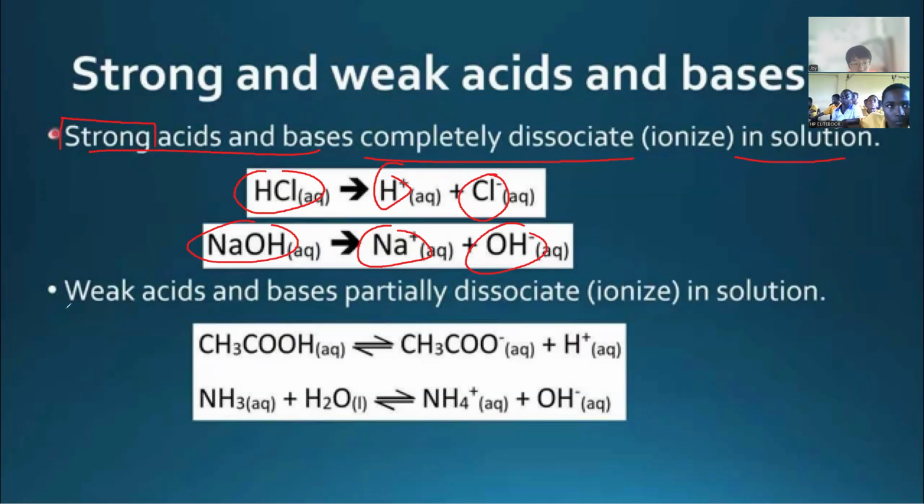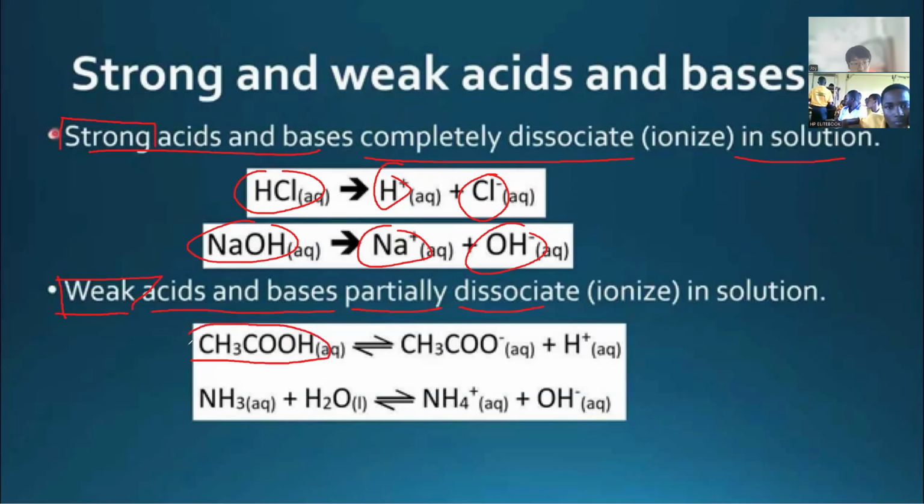But there are also weak acids and bases. But what are weak acids and bases? They only partially dissociate in solution. So they don't completely dissociate to their ions. It's only a couple of them.